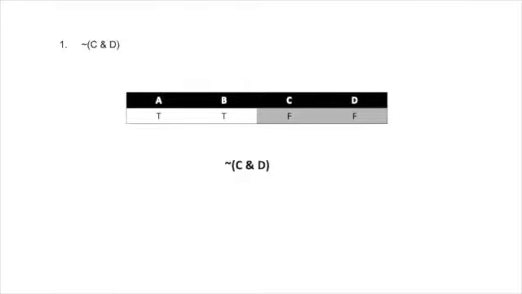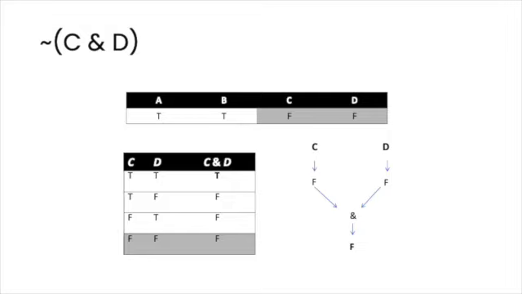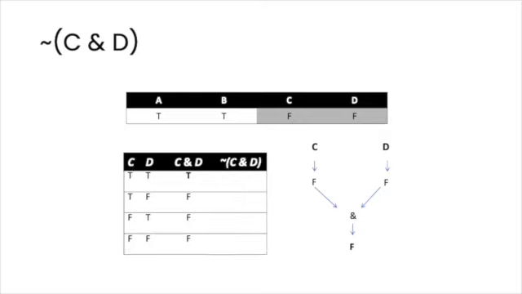If we work from the inside out, we can follow these steps. C and D are both false, so by the valuation rule, C ampersand D is false as well. We know that the tilde inverts the truth value of the sentence it applies to. So given that C ampersand D is false, then not C ampersand D is true.